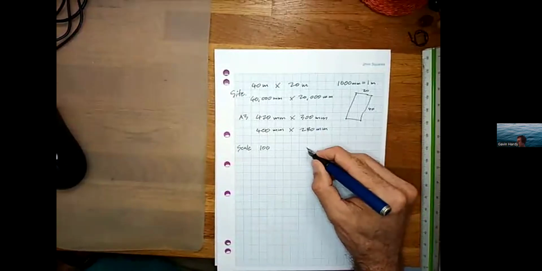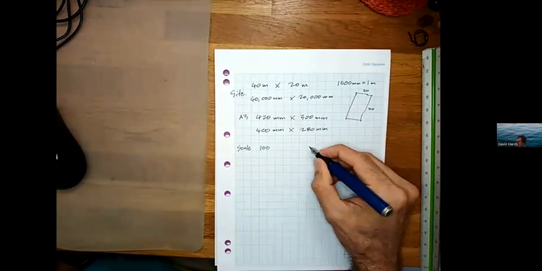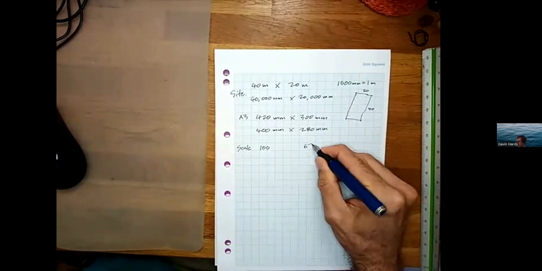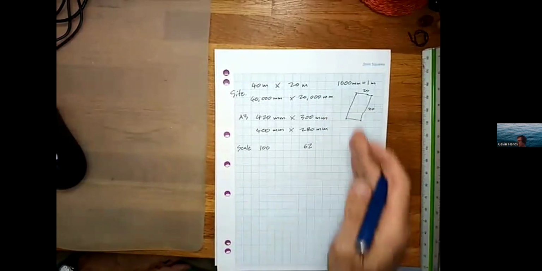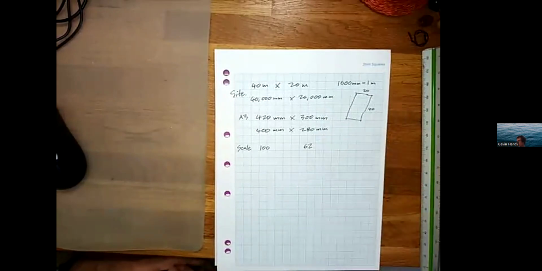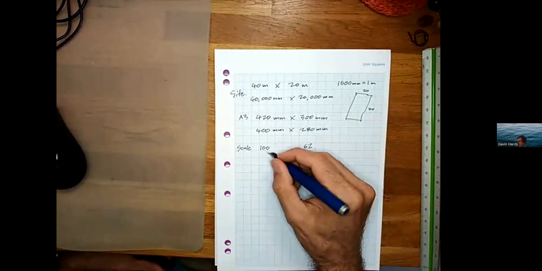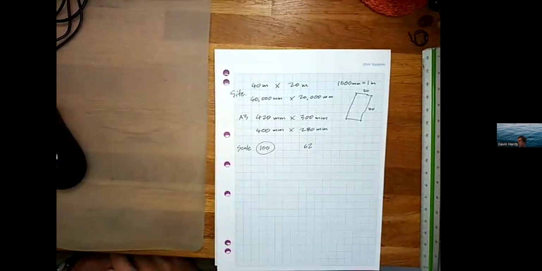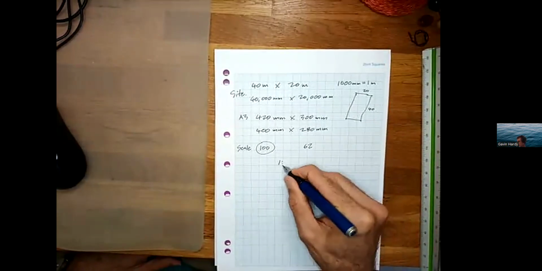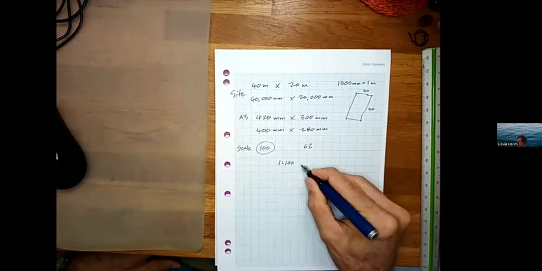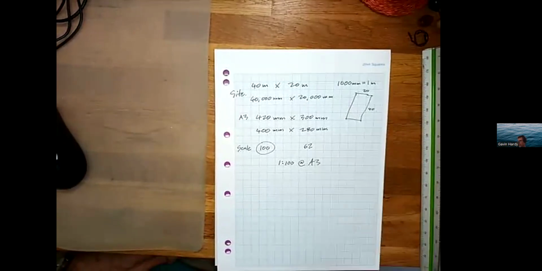You can check to see if I've got this right with your calculator, but I think it's about 62 or 60 or something like that. So that'll be the scale for the width of the sheet. And so what you simply do is pick the largest number, and that gives you the scale that you need to be working with. So in this case, 100 is the largest number. And so what we're going to work with on our A3 sheet is 1:100. Okay, that's going to be our scale.